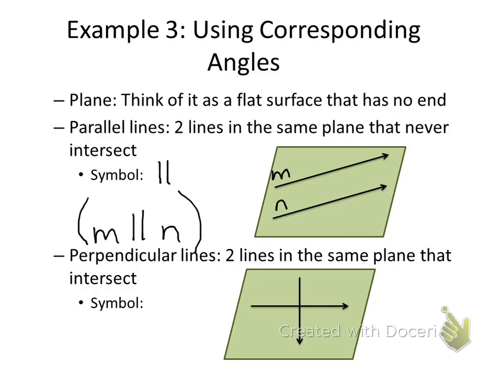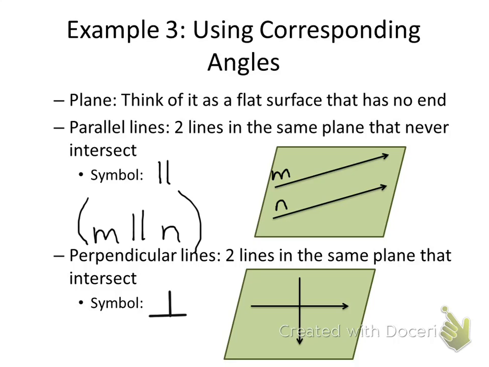The symbol for perpendicular lines is a vertical line and then a horizontal line connecting.